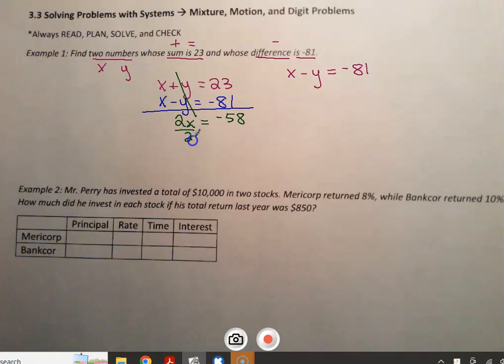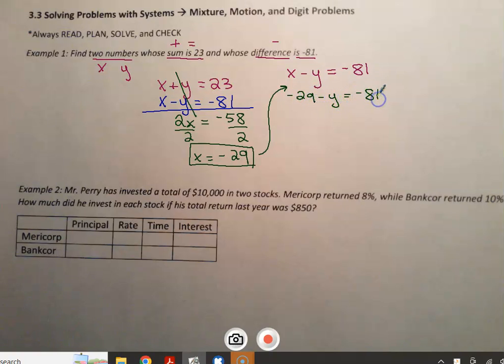I can divide by 2 and get that x equals negative 29. And now I can sub that in for the other equation. So let's sub it into this one because it's handy. So x is negative 29 minus y equals negative 81.